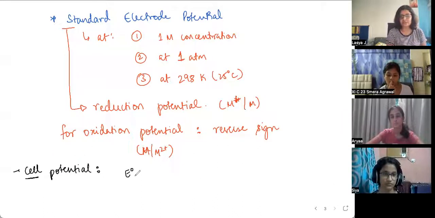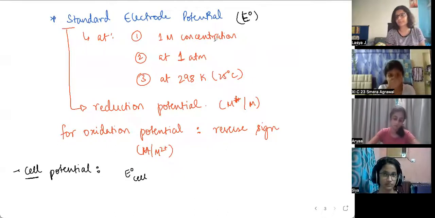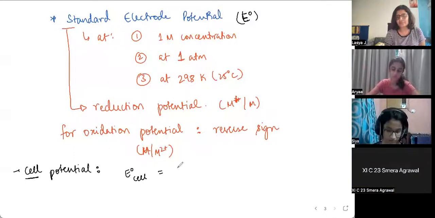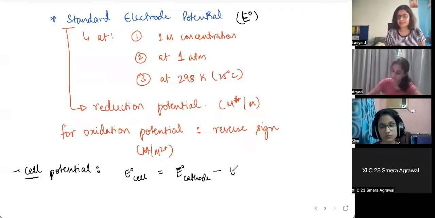So E naught cell, because we're talking about standard. Whenever anything is standard, it's basically represented by this naught on top. So E naught cell, standard cell potential, is equal to E naught at cathode minus E naught at anode.